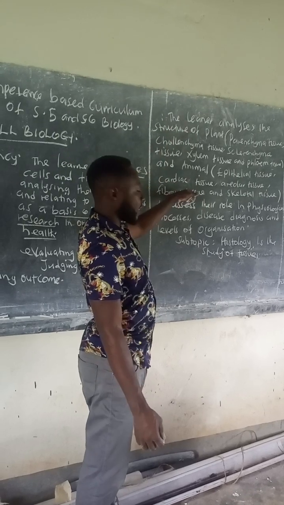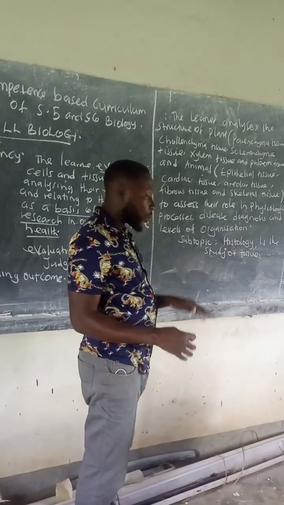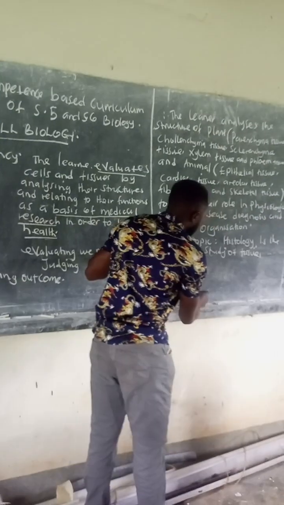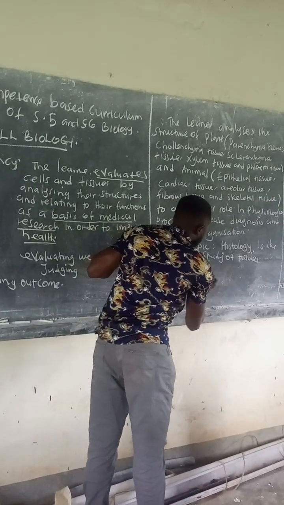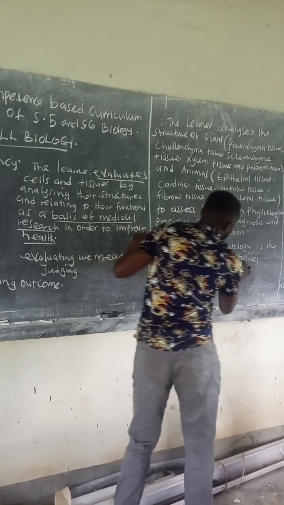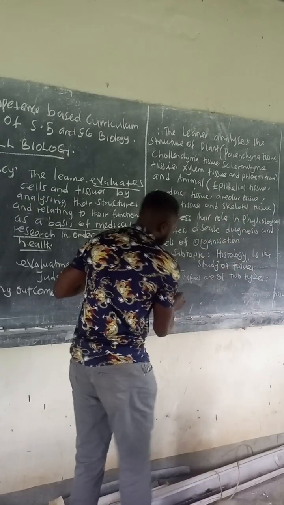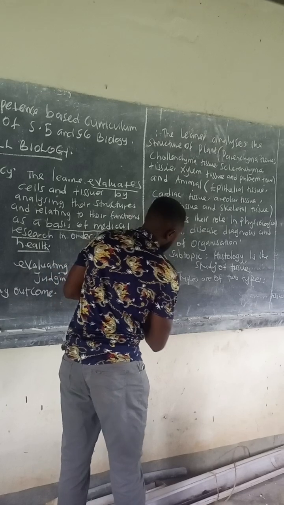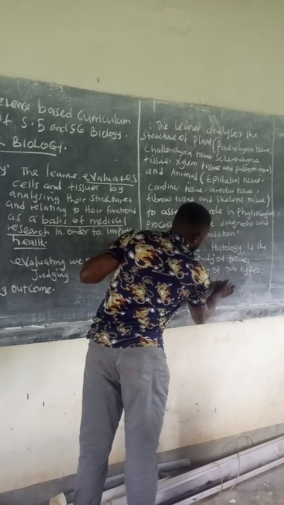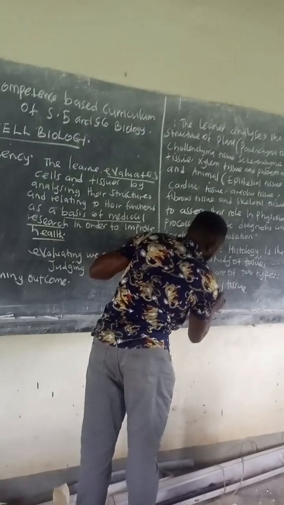Now, how are we going to achieve this learning outcome? When you look at it, it's a very big learning outcome, and you cannot finish it in one lesson or two lessons or three lessons. So what we're going to do is handle it part by part. Tissues are of two types: we have animal tissue, and we have the plant tissue.